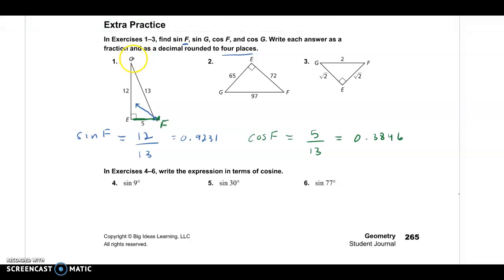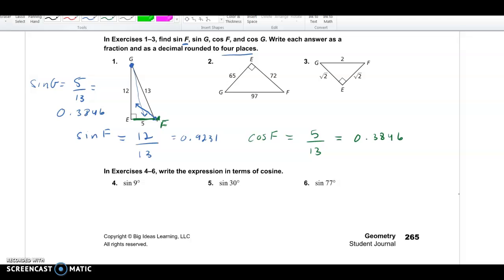So now for G, I'm going to switch locations. If I'm at G, I've got to go from G. What's the opposite from G? The sine ratio from G is now 5 over 13. And notice that the sine of G and the cosine of F are the same thing. So this is going to be 0.3846.